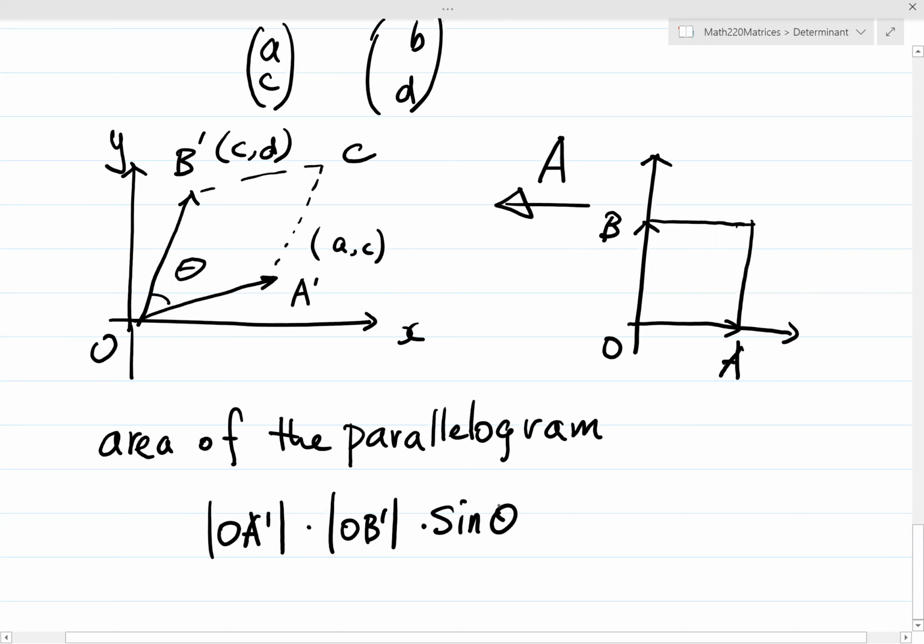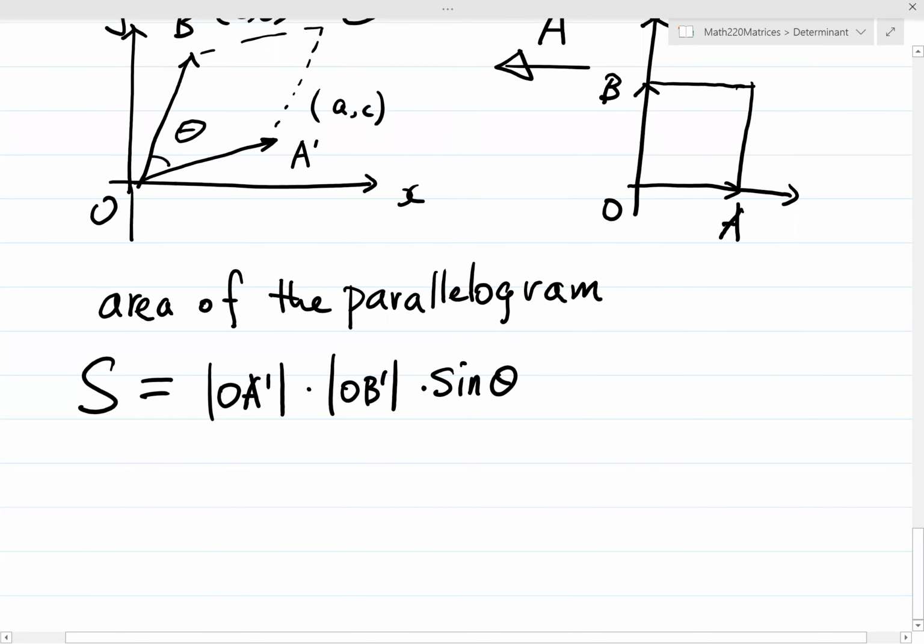Suppose this area is S. Now we see S squared is OA prime squared times OB prime squared times sine squared theta.